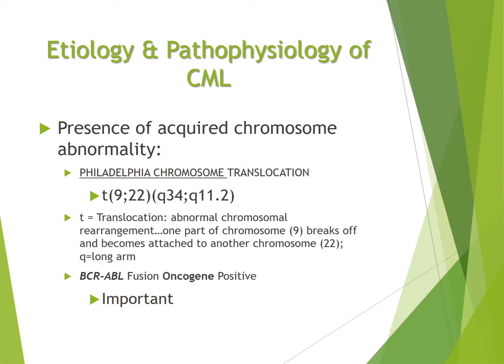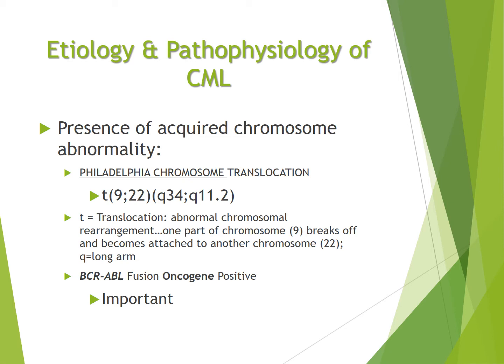A unique chromosome, the Philadelphia chromosome, is present in proliferating hematopoietic stem cells and their progeny in CML and must be identified to confirm the diagnosis. The Philadelphia chromosome is a reciprocal translocation between the long arms of chromosomes 9 and 22.